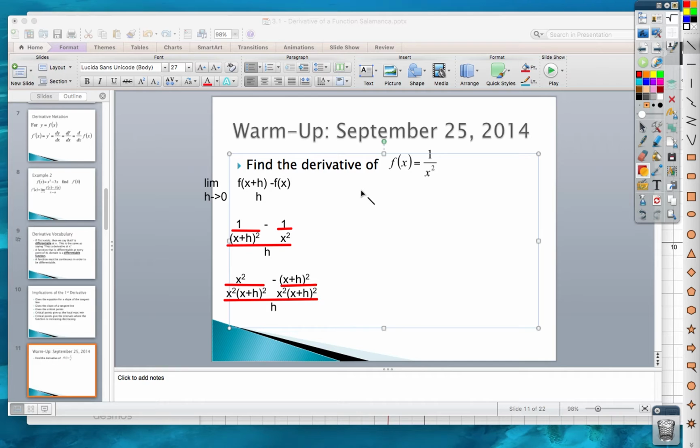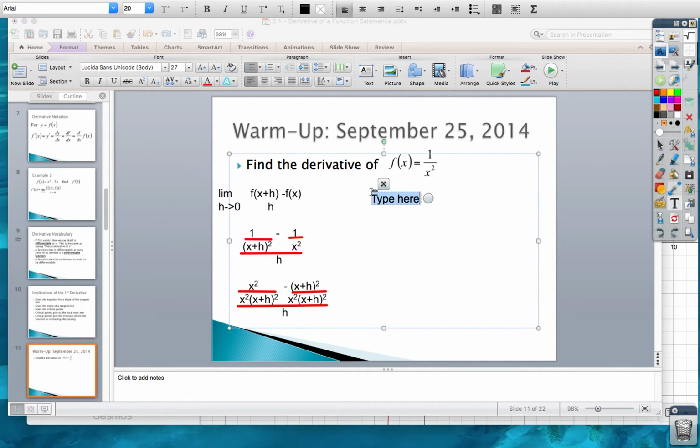You're going to love the rest of this chapter, I promise. It does get easier. So what we're going to have now is x squared minus, I'm going to expand the x plus h quantity squared into x squared plus 2xh plus h squared, all divided by x squared times quantity x plus h squared, all divided by h, like so.